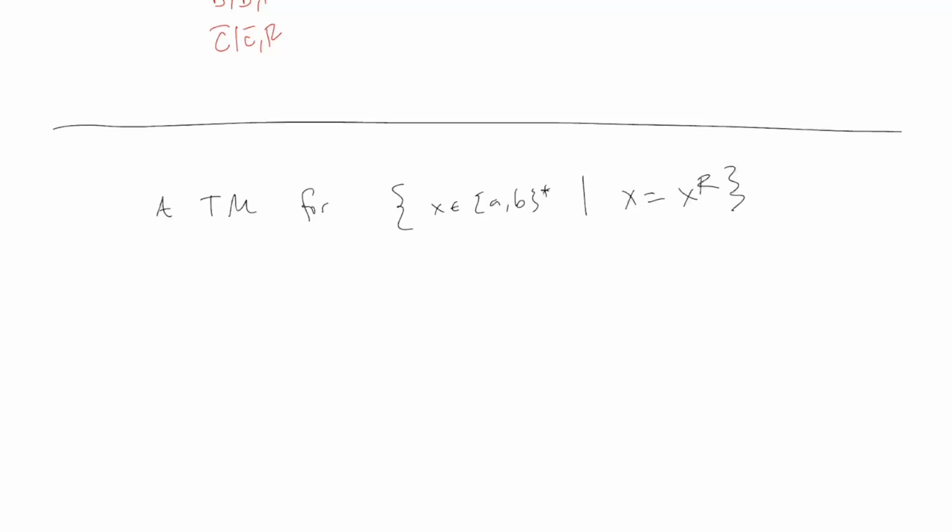This one also we can do by marking letters, although there's one special trick that is necessary in this example, which we haven't had to do in our previous examples.